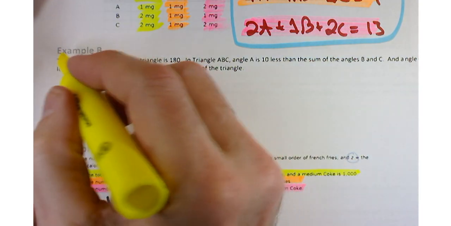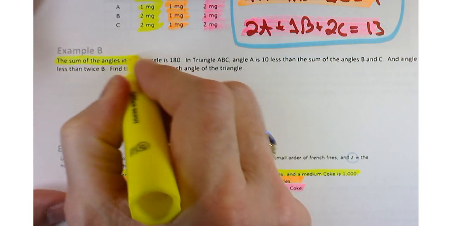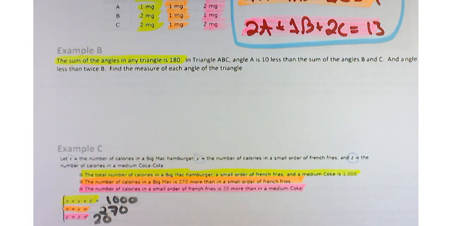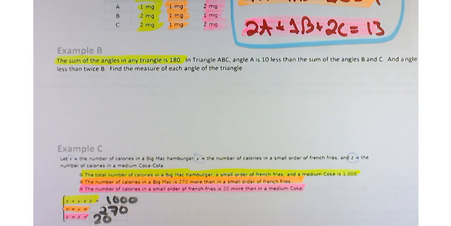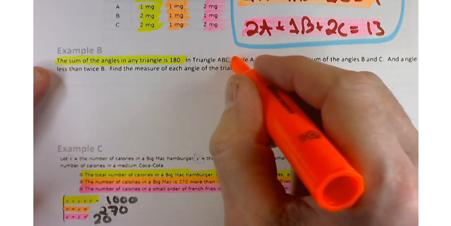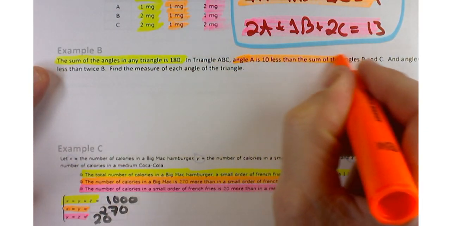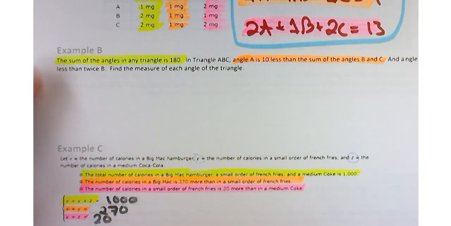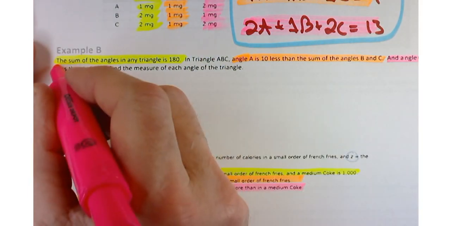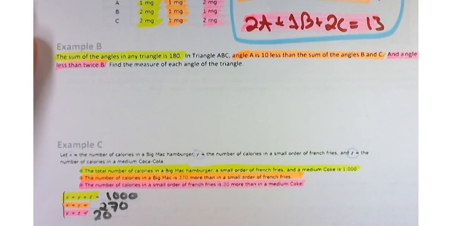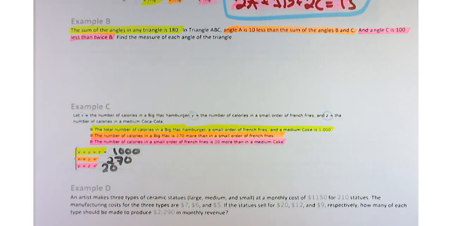Good. Now, what you have to do is parse through this and find things that imply different equations: the sum of the angles in any triangle is 180, angle A is 10 less than the sum of angles B and C, and finally, angle C is 100 less than twice angle B. So they're giving us enough information to come up with a system of equations.